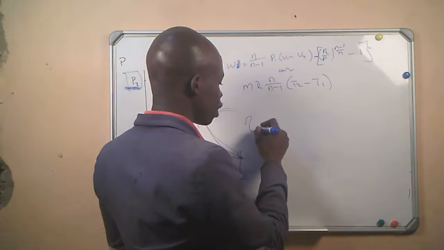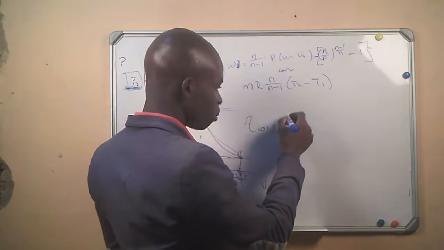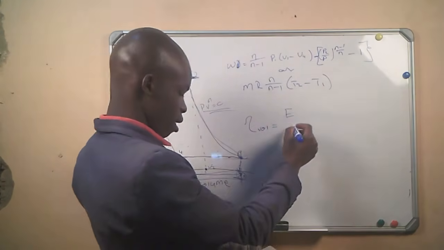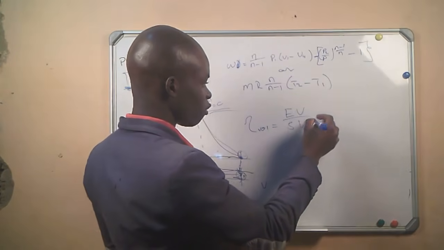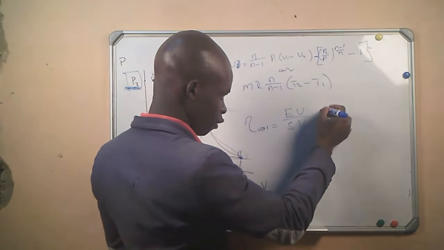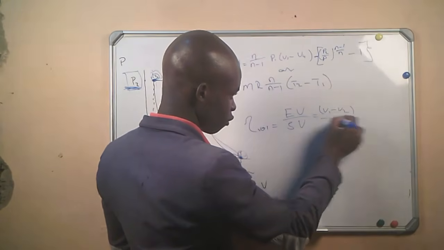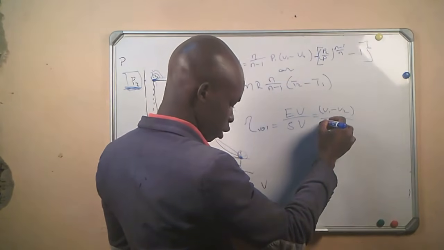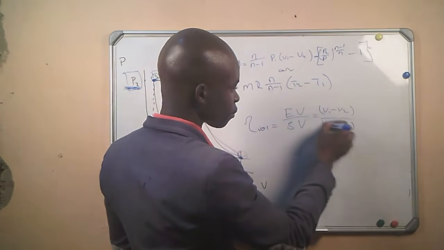Our volumetric efficiency will be the effective volume divided by the swept volume, where the effective volume is V1 minus V4, and the swept volume is V1 minus V3.